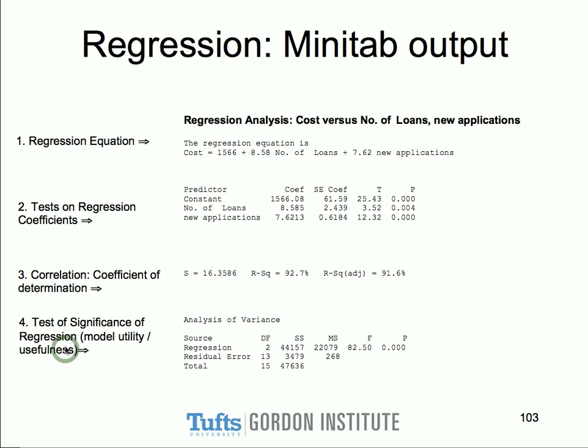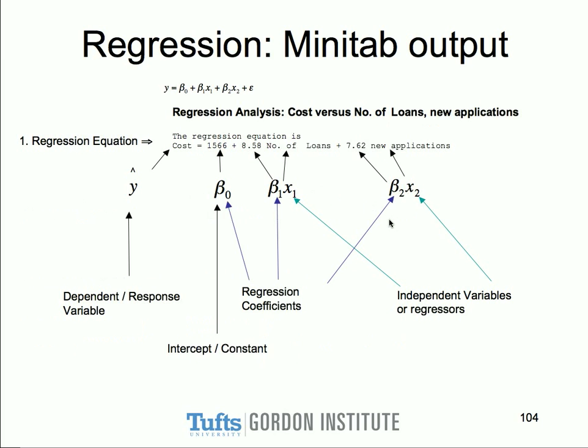We have something called the test of significance of regression, okay? This is an analysis of variance, okay? Going back up here, test on regression coefficients, that's just a t-test, okay? So you've seen these before. Okay, so let's go over our equation here, all right? Our dependent or response variable y here is cost. Our intercept or constant b naught is 1,566, okay?